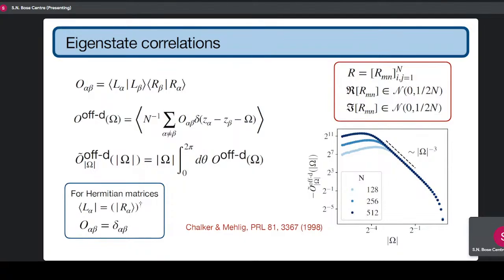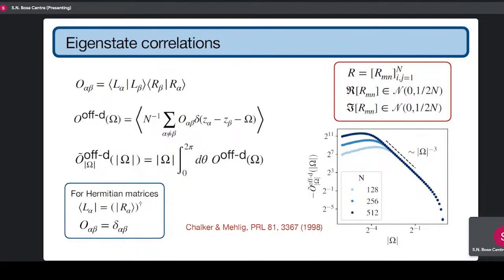Now, to simplify it further, for this work we have considered this correlation as a function of just mod omega, where we are integrating out the azimuthal angle of this omega. This quantity has been studied in the case of random non-Hermitian matrices, where there are some analytical results.